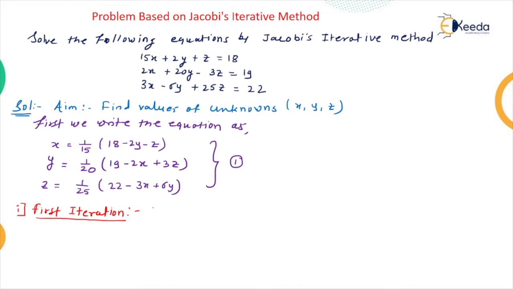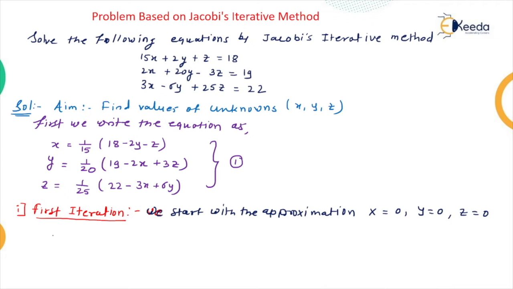We start the iteration with the approximation x equal to 0, y equal to 0 and z equal to 0. For the first iteration you take x is 0, y is 0 and z is 0.